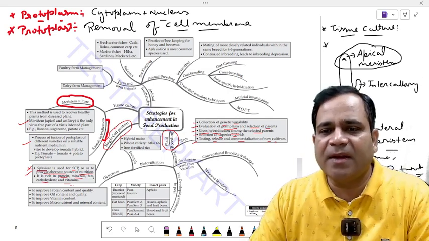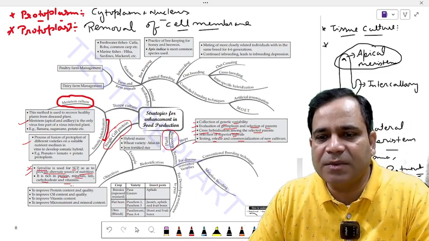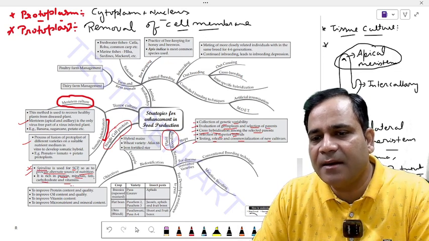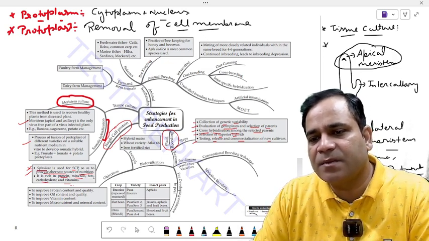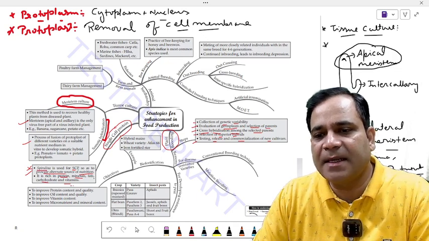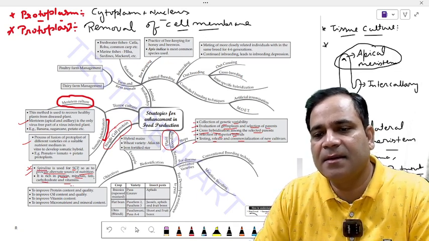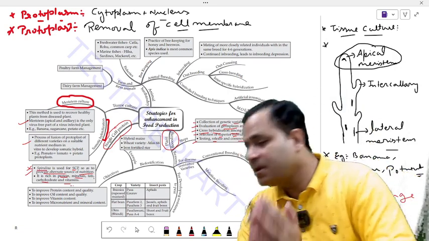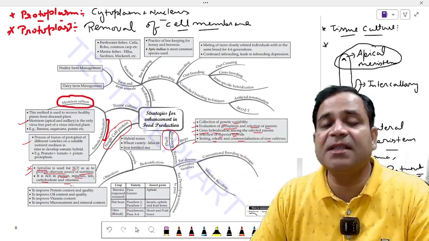You know the term mutation. If anybody asks you about mutation, you say it is a sudden change in a gene, my dear.